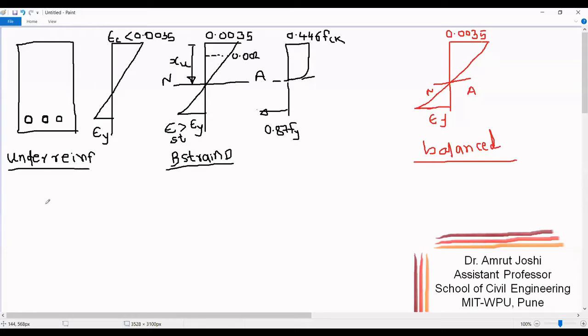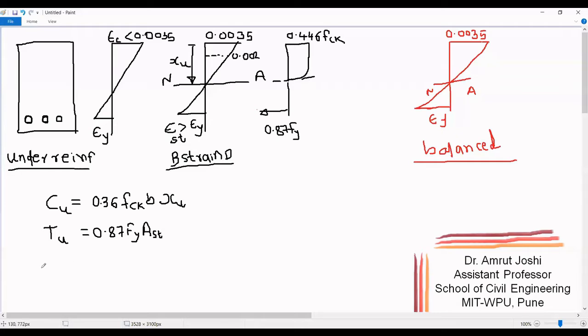So let me write down the expression for the ultimate compressive force, or compressive force at failure, for the under reinforced section. The expression is going to be 0.36 fck b XU. Mind you, instead of XUB, I am going to write it as XU. The expression for tensile force at failure Tu is going to be 0.87 fy Ast.